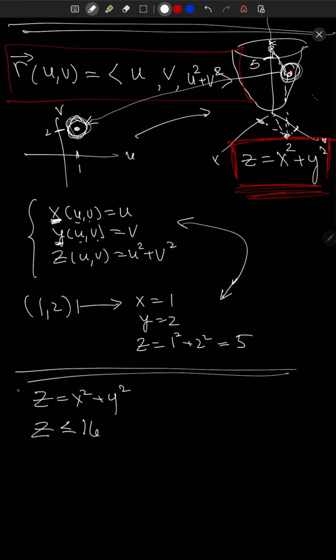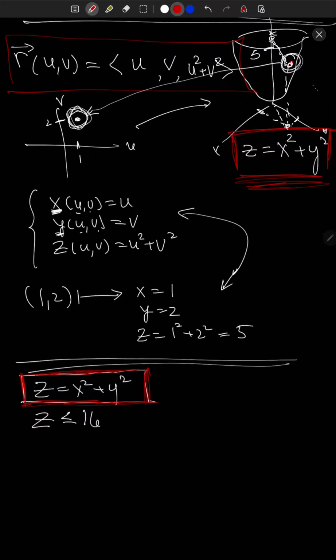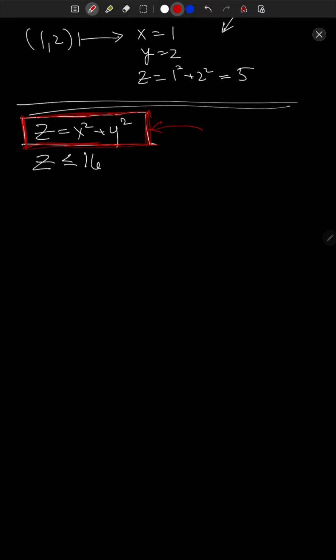The paraboloid is this guy here, and it is 2-dimensional, because if we have a 3-variable situation, x, y, and z, and one equation, z equals x squared plus y squared, then generically that's a 2-dimensional object. Even if you don't know it's a paraboloid, you know in general it's a 2-dimensional object.